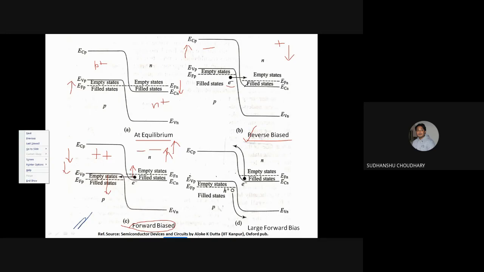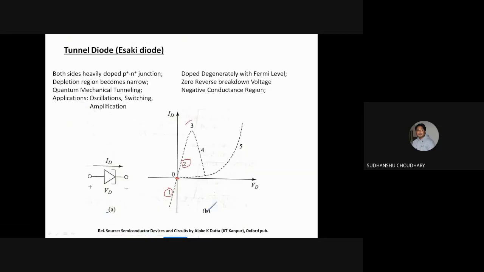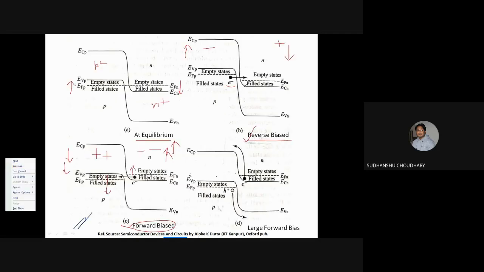Because of this, a smaller number of electrons can tunnel from n side to p side. So the current should saturate now. So the current has saturated.